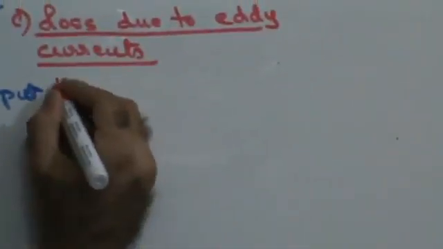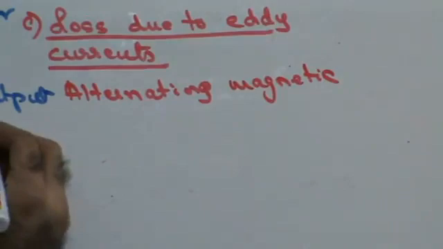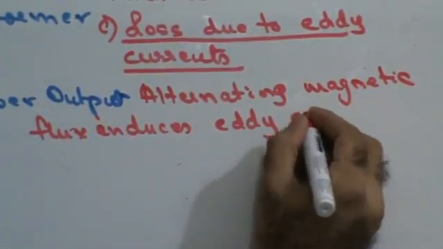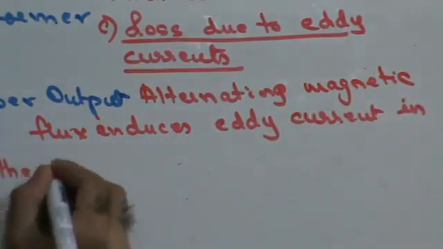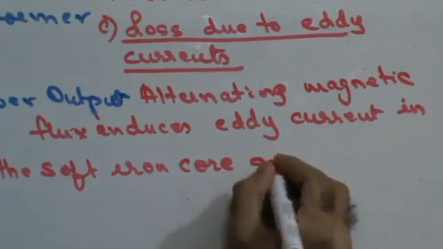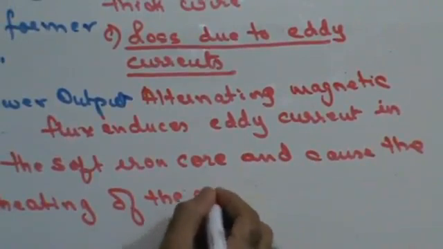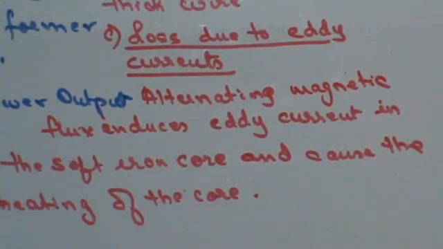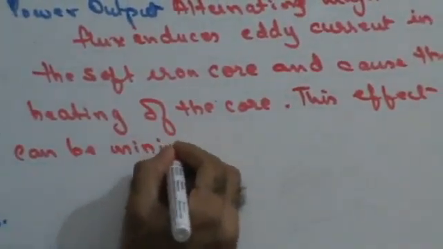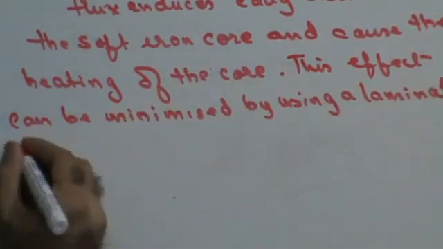So alternating magnetic flux induces eddy currents in the soft iron core, which cause the heating of the core.